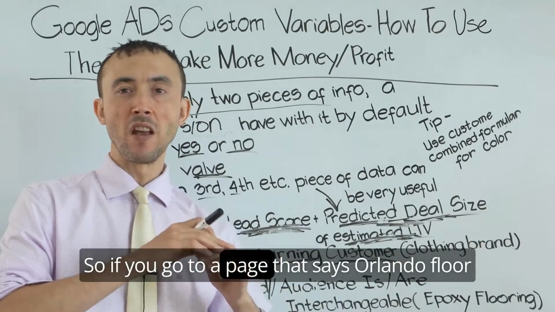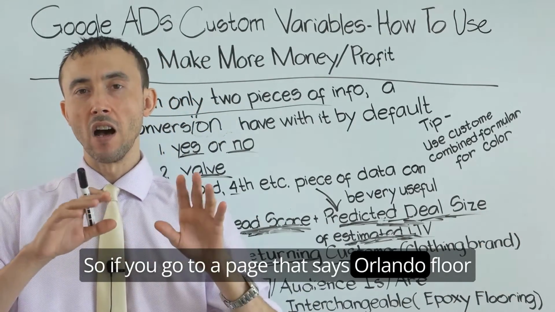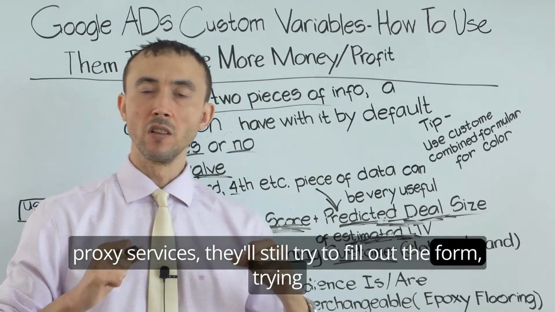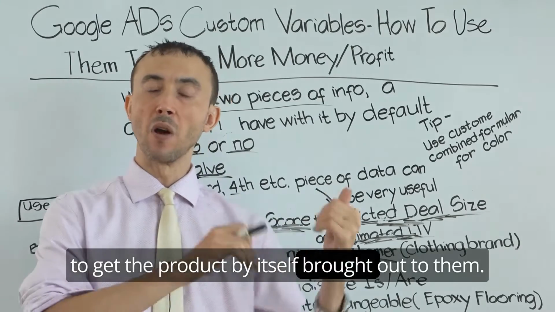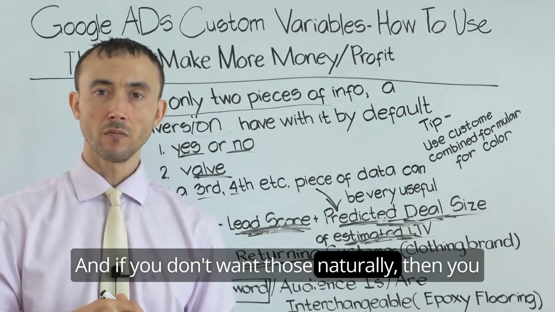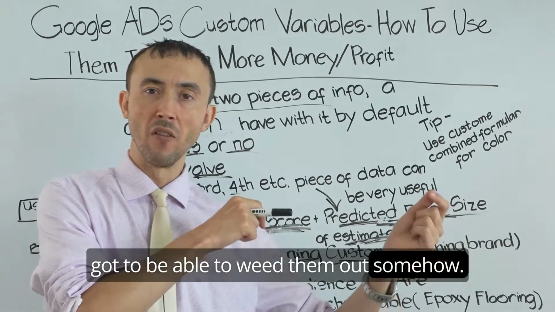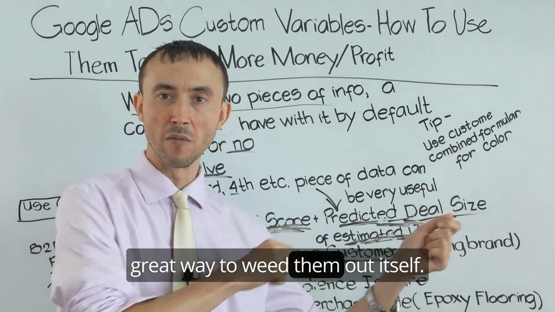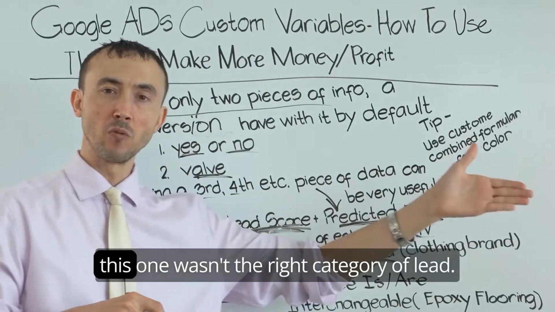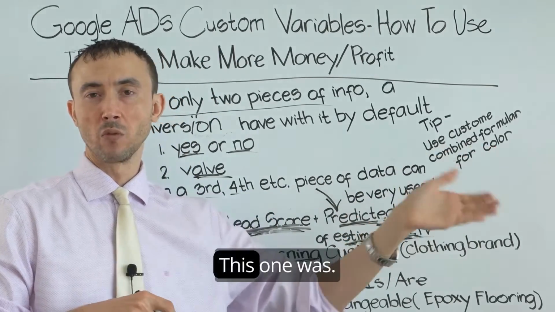So if you go to a page that says Orlando floor epoxy services, they'll still try to fill out the form trying to get the product by itself brought out to them. And if you don't want those, naturally, you've got to be able to weed them out somehow. The custom variable is just a great way to weed them out. Of the leads you have, you can see, okay, this one wasn't the right category of lead, this one was.